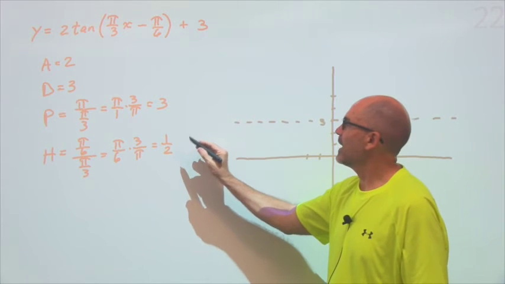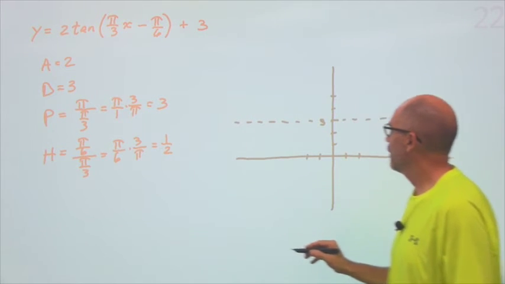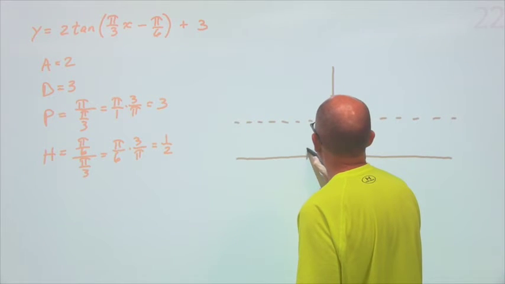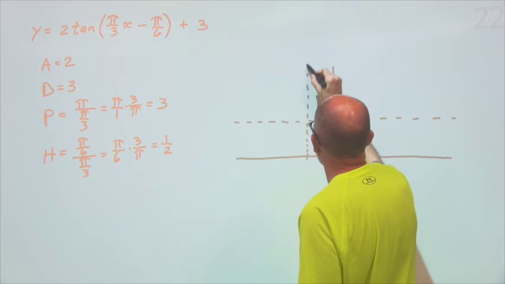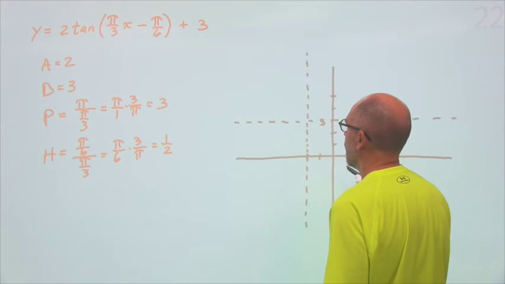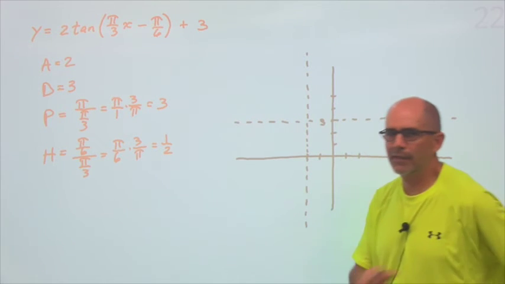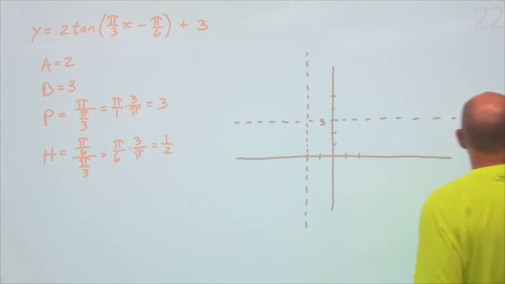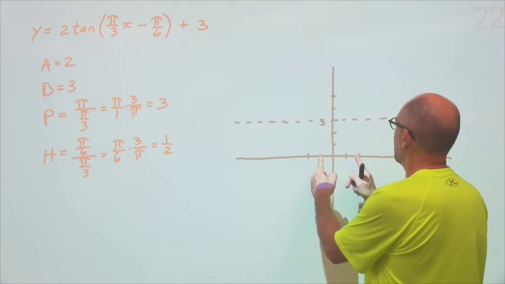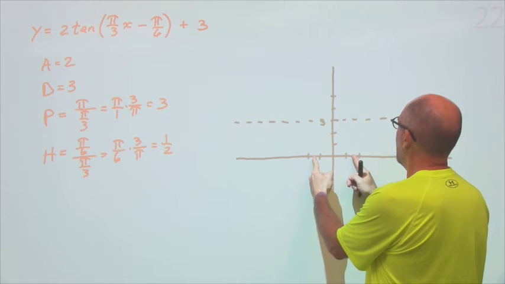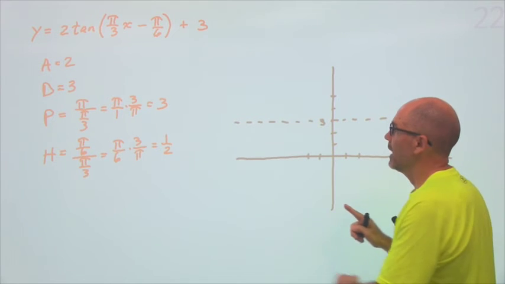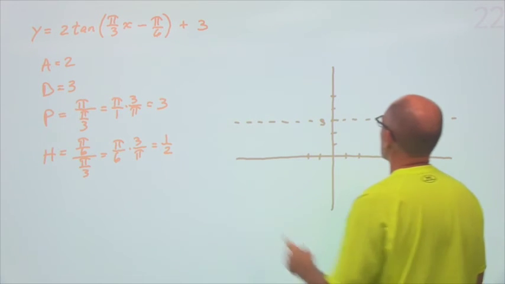But now we're moving it 1/2. Okay, so the period is 3, which means it's going from negative 1.5 to positive 1.5, because you have to straddle the y-axis. Now we're moving it 1/2 to the right.